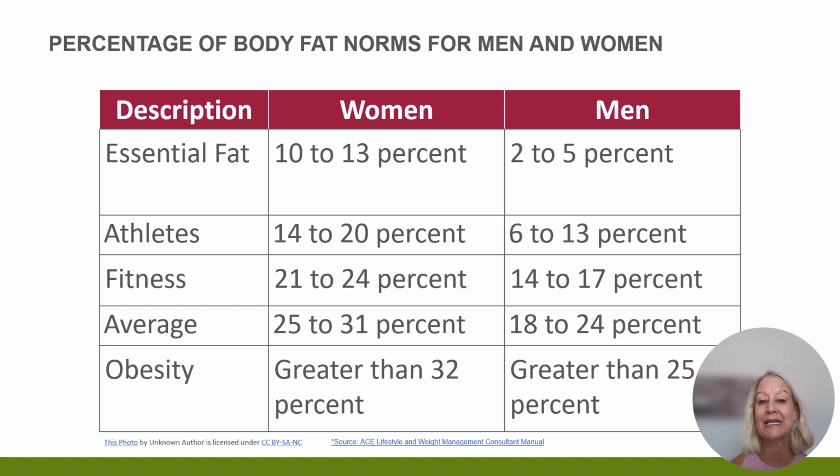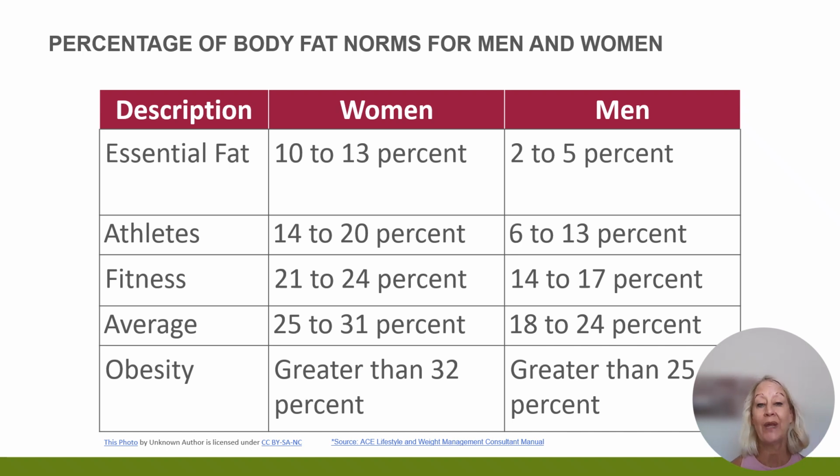For athletes, they usually have about 6 to 13% fat. And for those who are just general fitness, it's 14 to 17%. And for just the average male, they should have about 18 to 24%. Anything above that 25% is considered to be obese. So it's to be aware of.